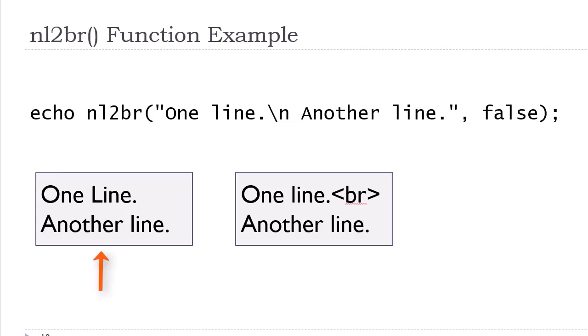On the left, this is what it would look like in the web page. You would see one line on top of the other. In the view source, you would see one line and the break element, and you would see the next line underneath it. The newline to break function added the break tag. The \n escape sequence created the new line in the string.